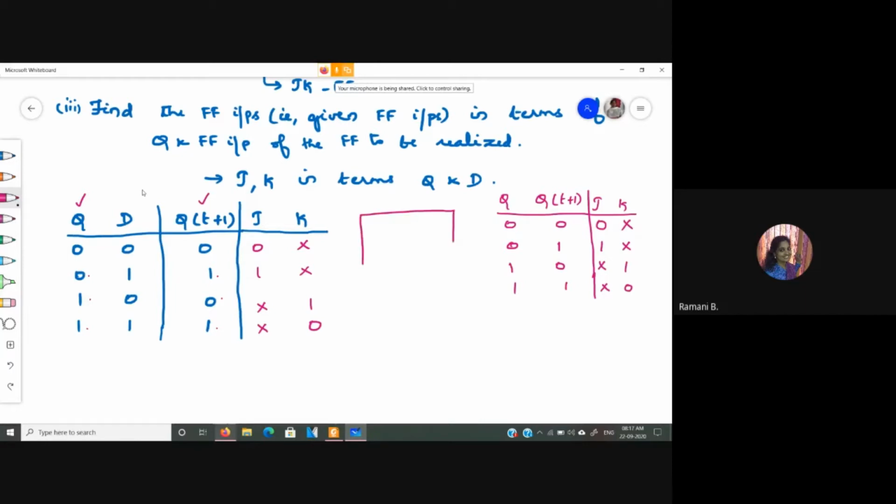Here you are going to have just a 2 cross 2 table. So this is Q and this is D. J value is actually, you have the minterm 1 for 0, 1 combination and don't care in 1, 0 and 1, 1.